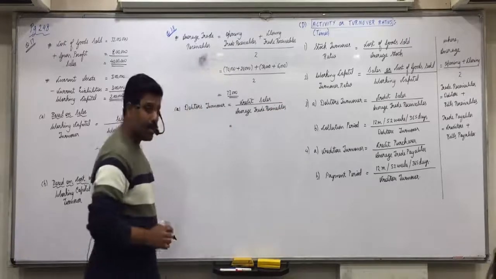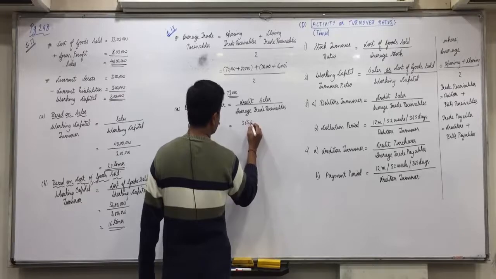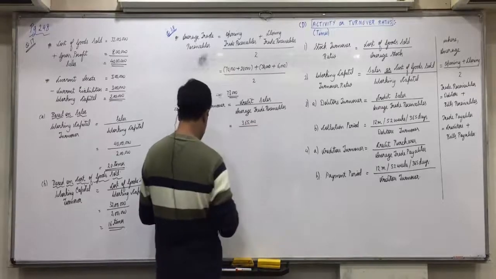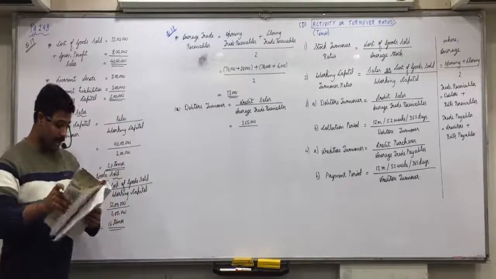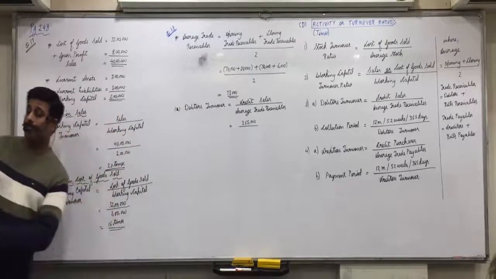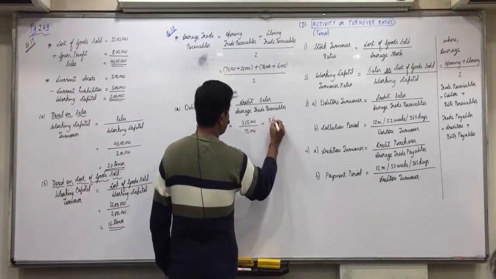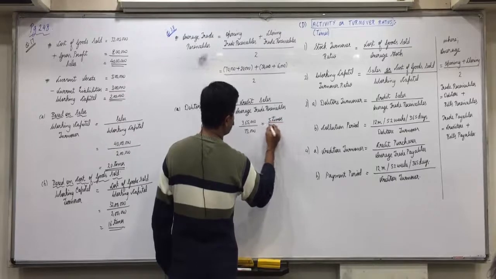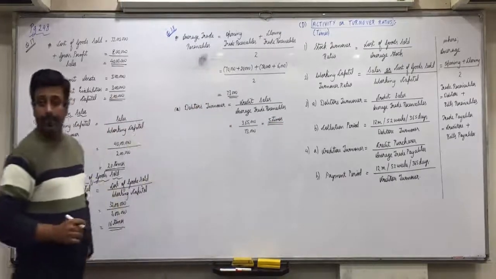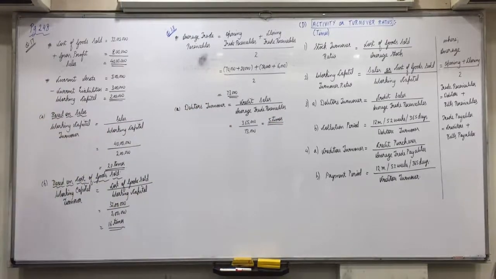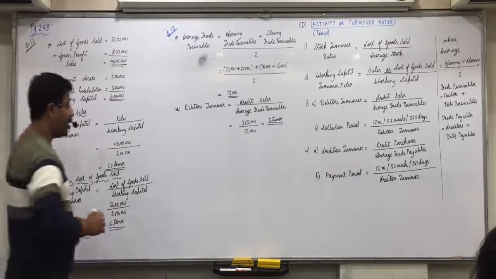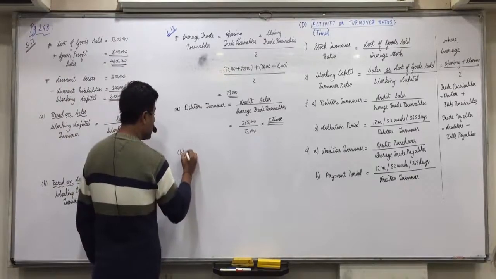Credit sales is given as 3,65,000. Total sales is not to be considered. So credit sales 3,65,000 divided by average trade receivables 73,000 means 5 times. Did everyone understand this? Now, collection period.